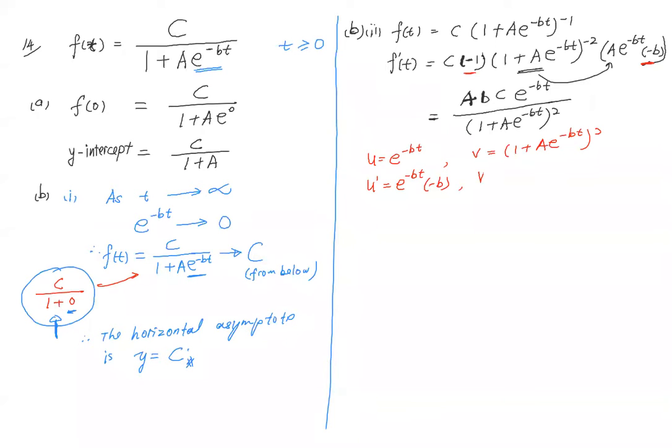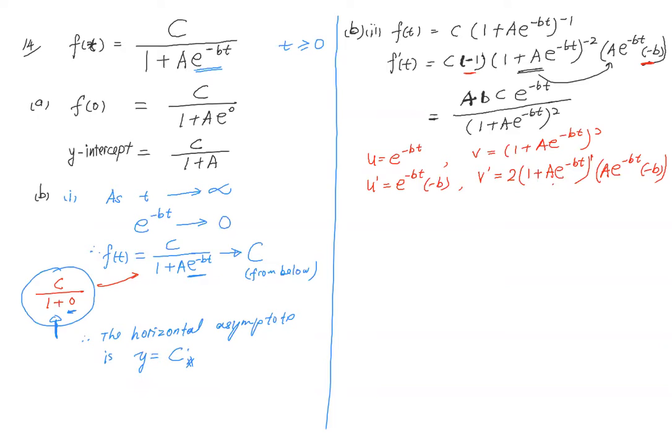Please, class. v prime t using chain rule to copy down the whole thing. Power, take away 1. Times by the derivative of whatever in the bracket. That means repeat that again. Close. Okay. We try not to do anything because there are too many things already.